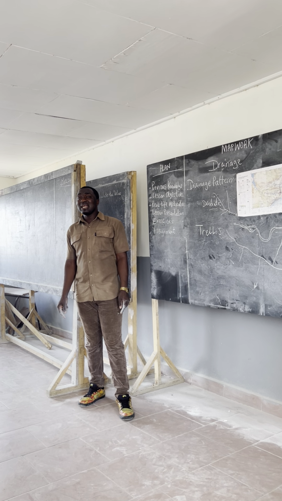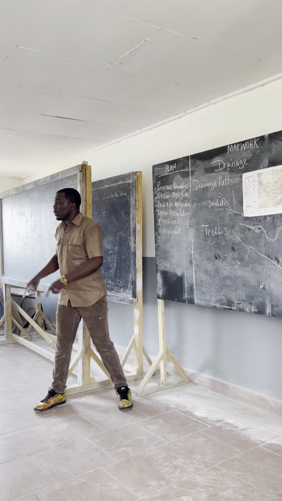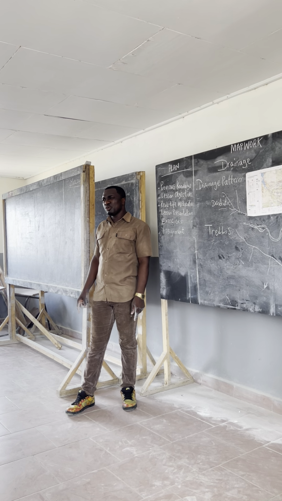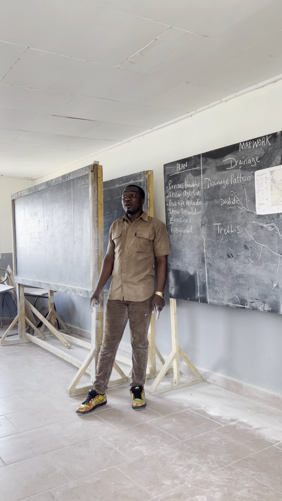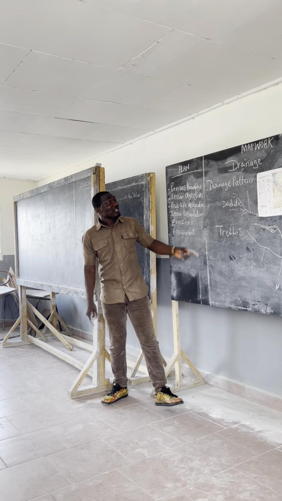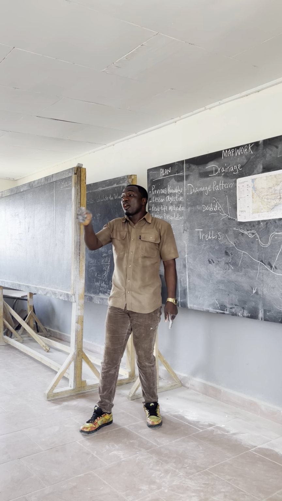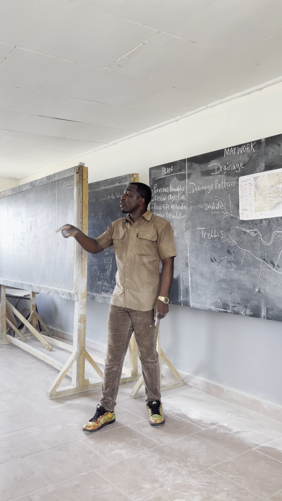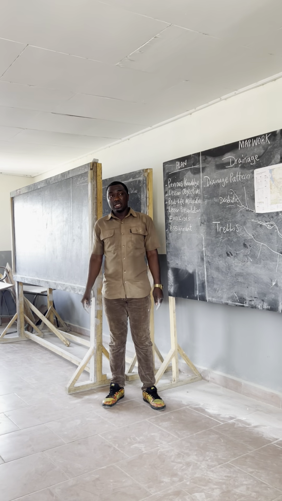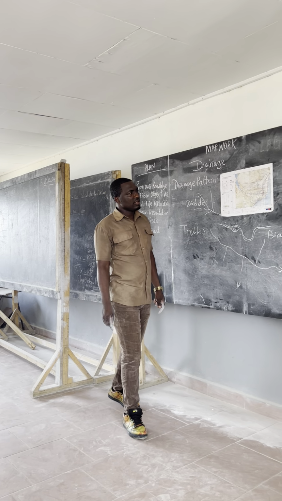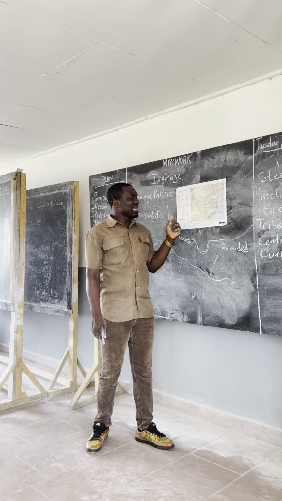No. Centripetal is that pattern where many rivers are flowing inward into a drainage basin. Can we have a drainage basin on the highland? It's difficult. It's impossible. So you have to state the relationship between drainage pattern and relief by identifying those patterns that are common on highlands and those that are common on the lowland.